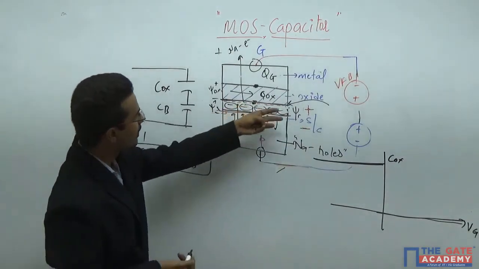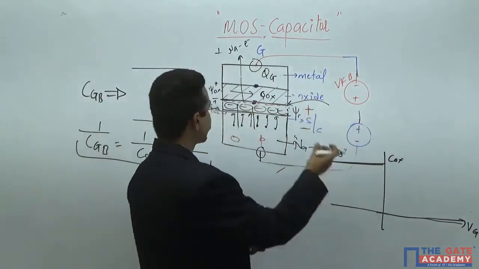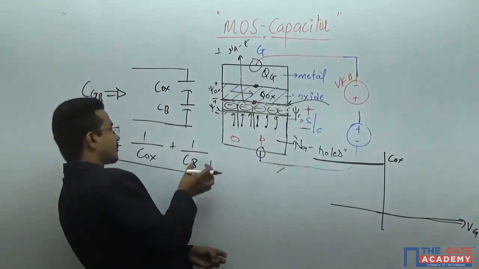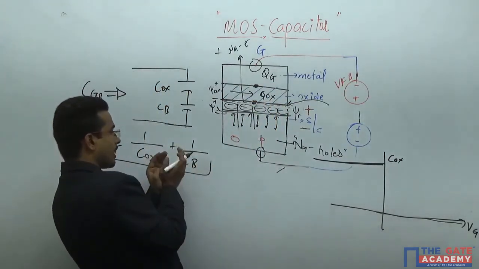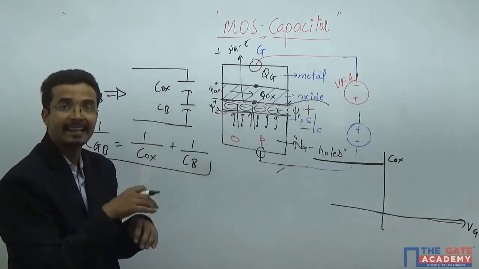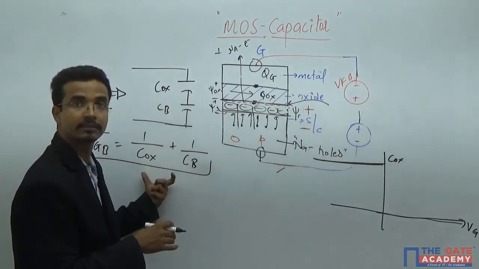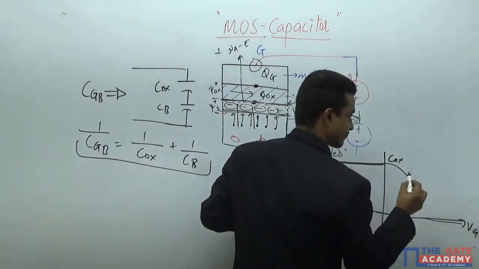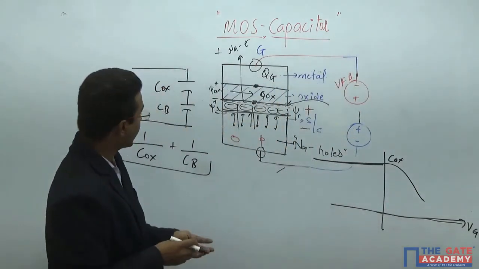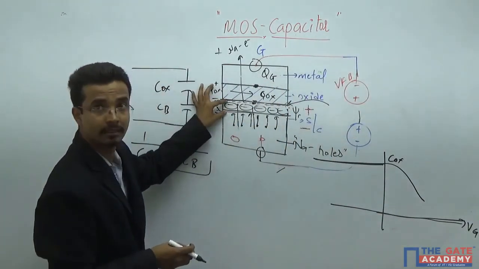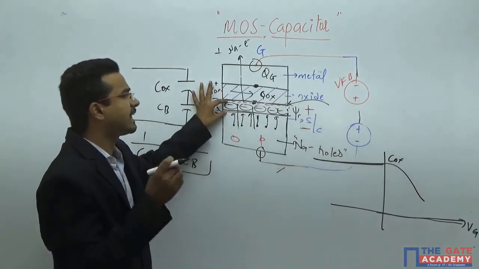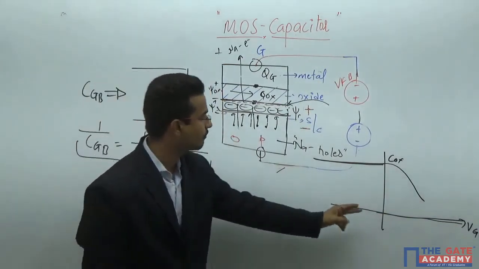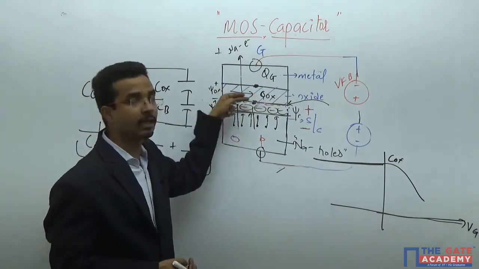But as you keep on increasing the VGS value, this will also come into the picture. And if this also comes into the picture, whenever you add them, you will get a smaller total capacitance. And this number will become like this, up to some extent until you are getting this. And if you keep on increasing the voltage of VGS, the inversion charge will come.